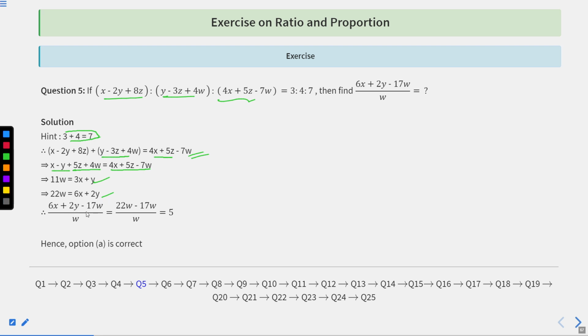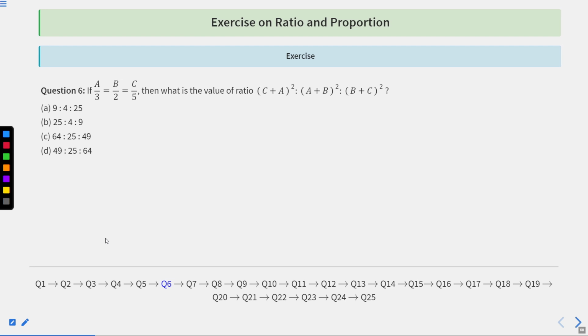Therefore, 6x plus 2y minus 17w upon w is going to be 22w, because 6x plus 2y is 22w. So we have substituted the value here. So we will have 22w minus 17w upon w. So w will get cancelled and we will be left with only 5 here. So the option correct here is option A.